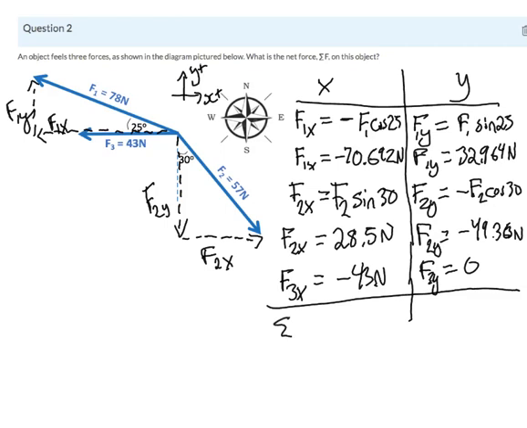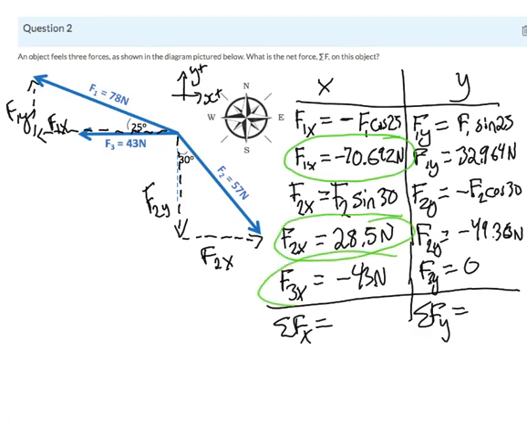Then what we do is we add everything up in x, and we add everything up in y. So you're just going to add up all of those numbers. So you'll add up F1x here, F2x, and F3x, and that gives me some negative 70.692 plus 28.5 plus negative 43, which is negative 85.192 newtons.